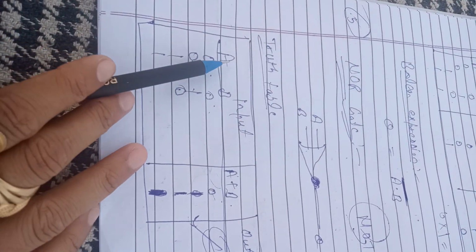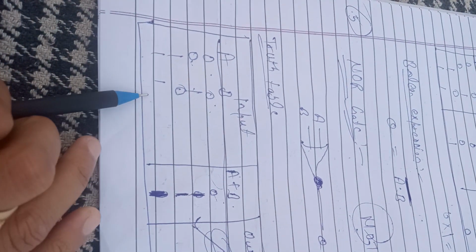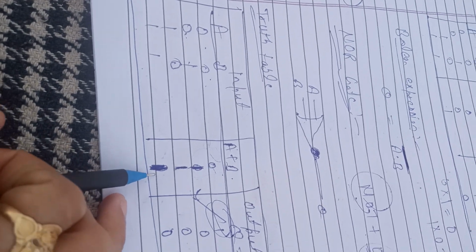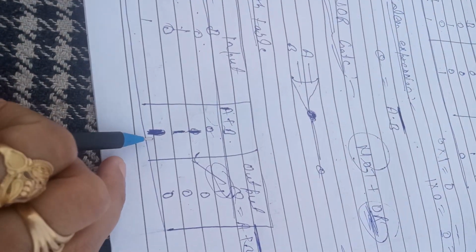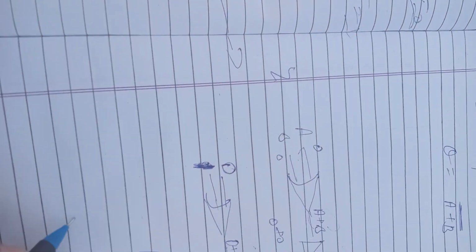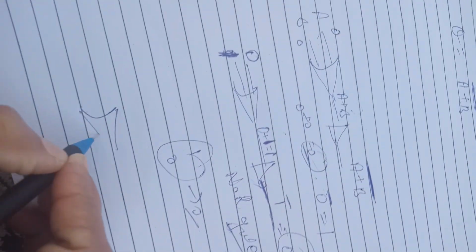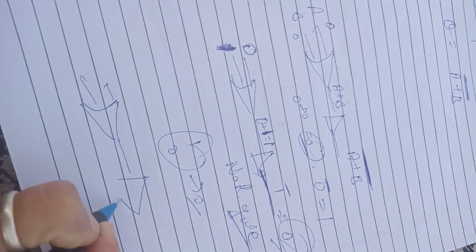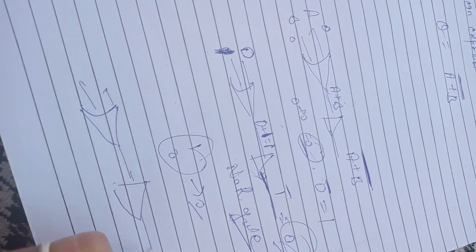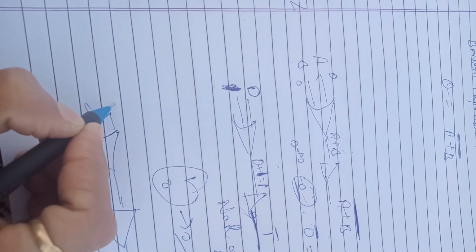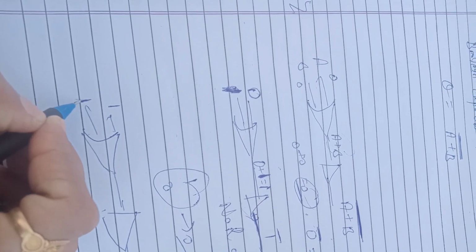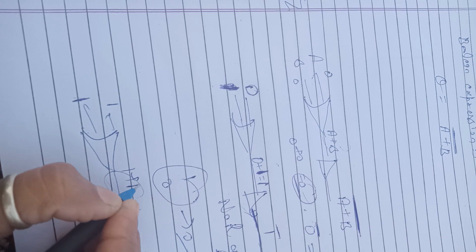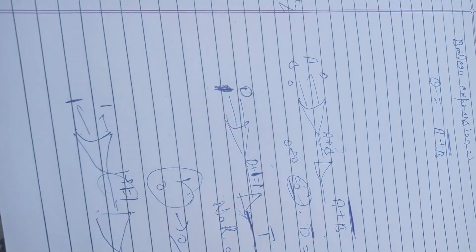Now in the next case, when we apply input 1 and the second input is also 1, A plus B is 1 plus 1, and 1 plus 1 is equal to 1 in the OR gate.